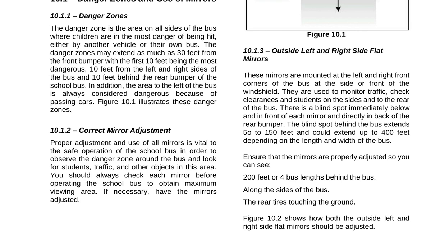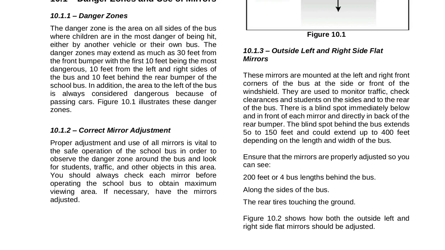10.1.3 Outside left and right side flat mirrors. These mirrors are mounted at the left and right front corners of the bus at the side or front of the windshield. They are used to monitor traffic, check clearances, and students on the sides and to the rear of the bus.